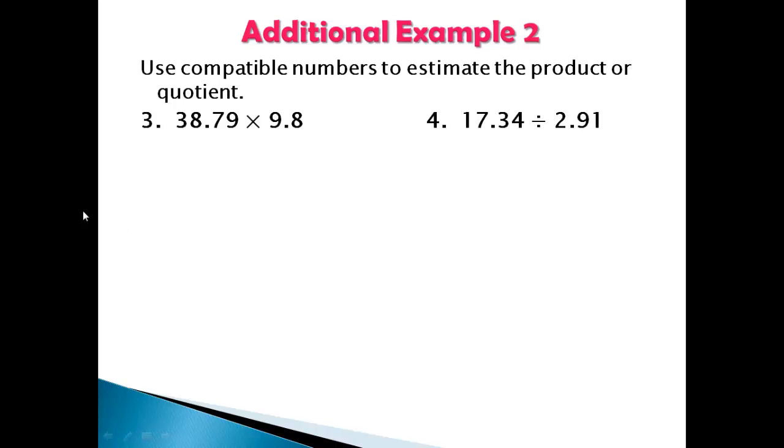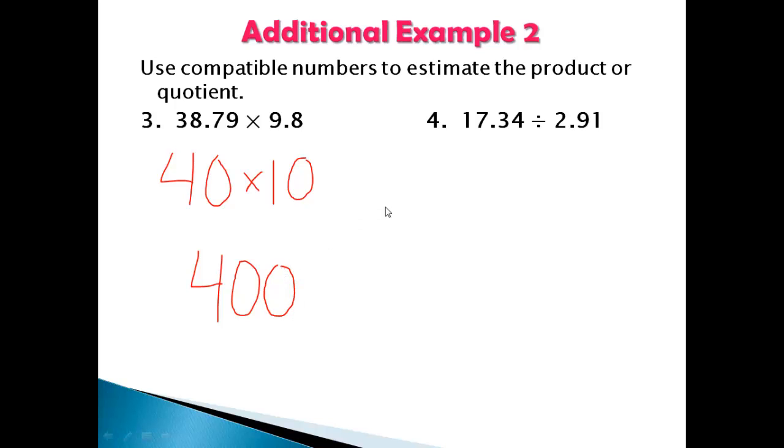For this problem, we can round 38 and 79 hundredths to 40, and then we can round 9 and 8 tenths to 10, and now we can do 40 times 10, and 40 times 10 is 400. So our answer would be about 400.